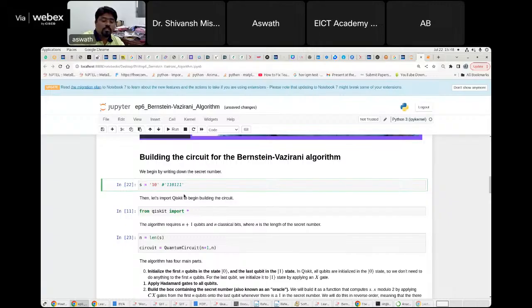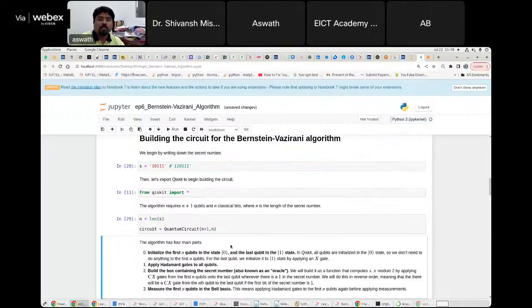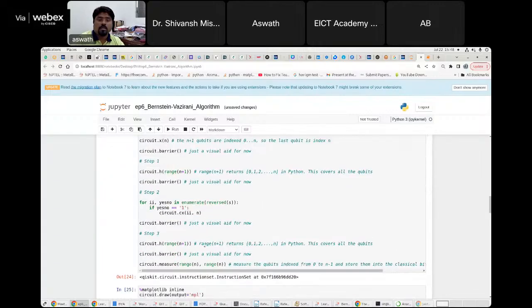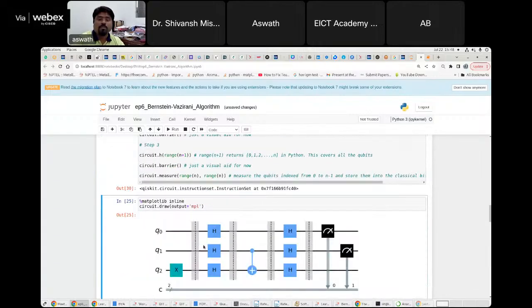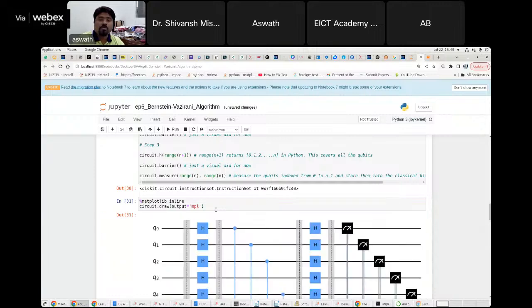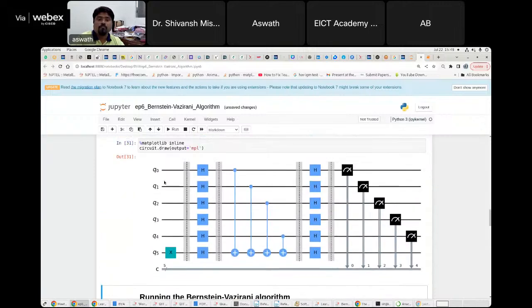Now let's say 10111, a 5-bit system. Let me draw the circuit for you and plot the circuit. You see 5 bits for S and 1 ancilla. Wherever there is a 1, I run a C naught from there.